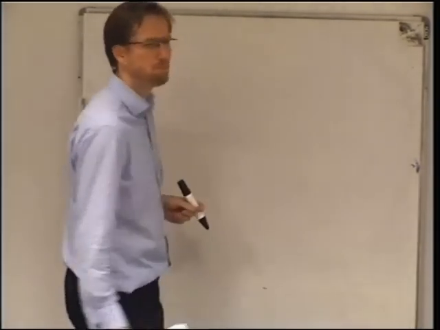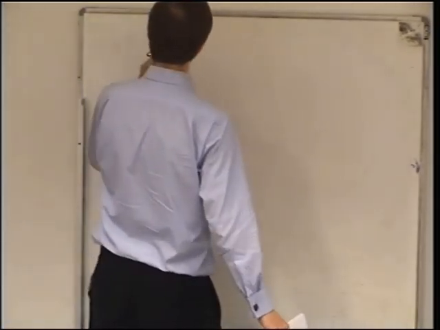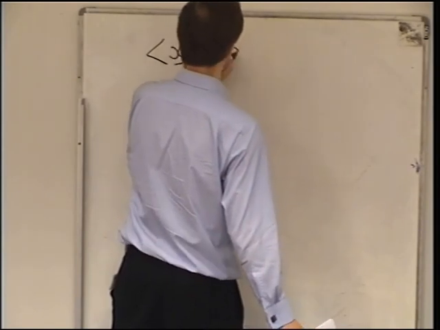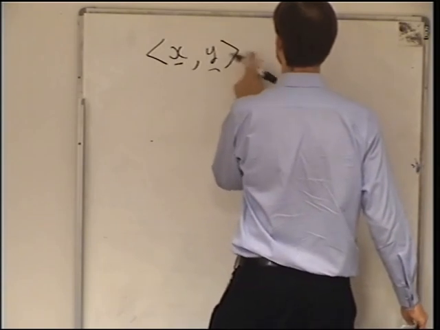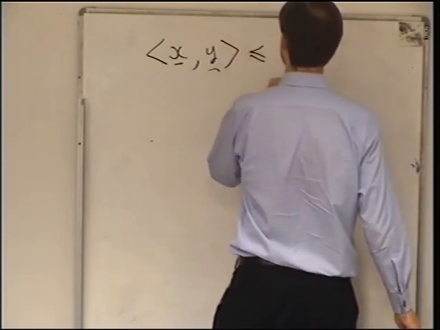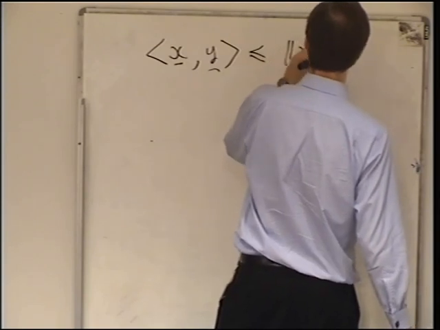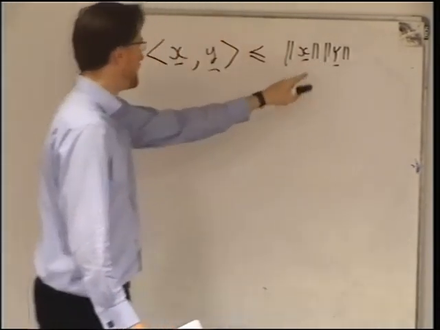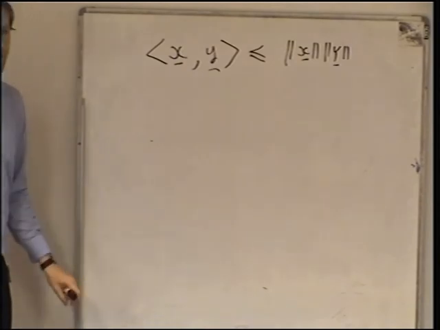And it's a little bit like a multiplication triangle inequality. It says that the inner product of x and y is less than or equal to the norm of x times the norm of y. And obviously in this case that norm means the norm induced by this inner product. They have to go together.